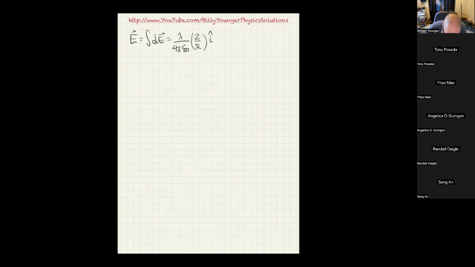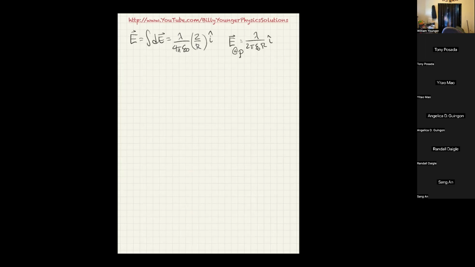So what we find is that the electric field at the point P that we talked about is actually equal to lambda over 2 pi epsilon naught r, pointing in the i hat direction.